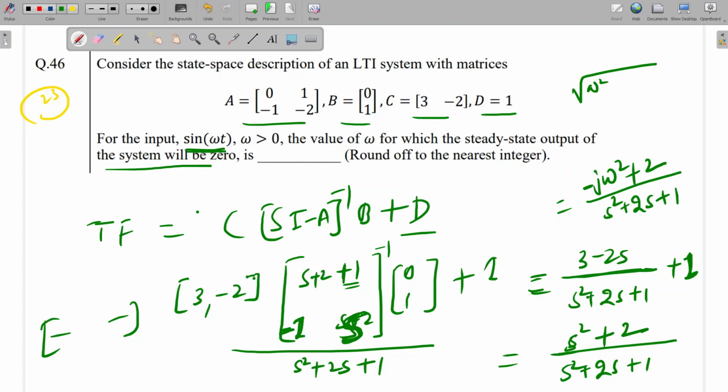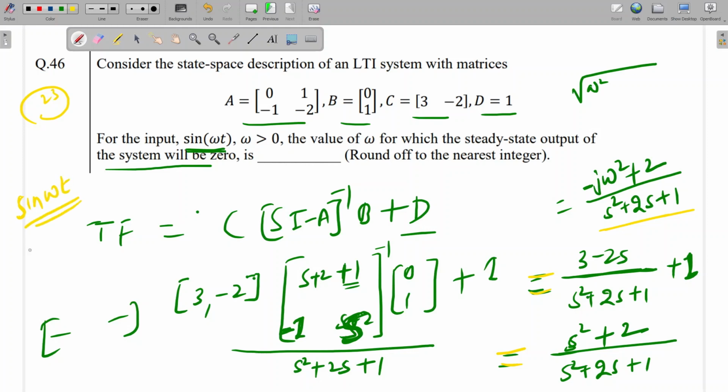Is it clear up to now? See, something I am missing. The transfer function is there, but at some particular value of omega, it will give 0. This expression is correct up to now. But the input is sine omega t.